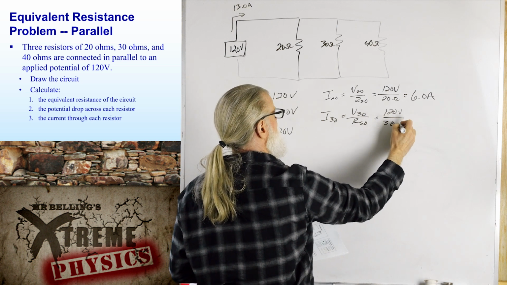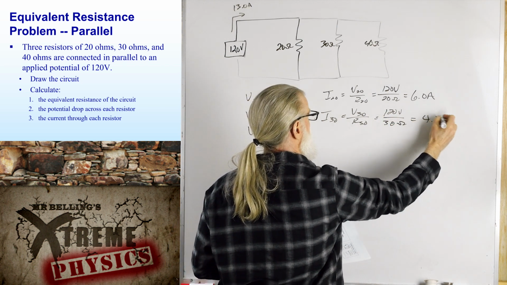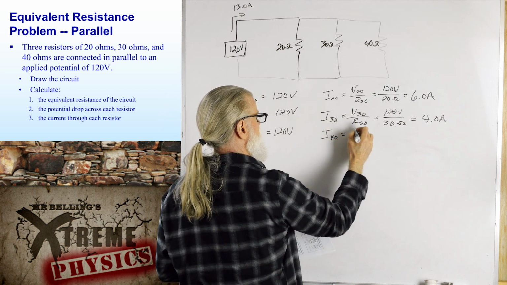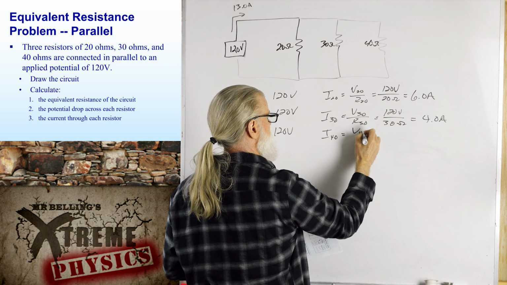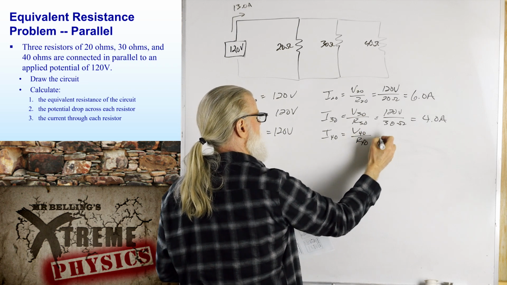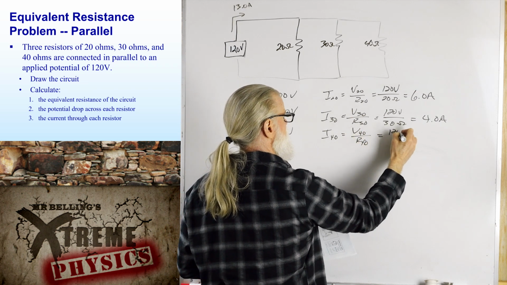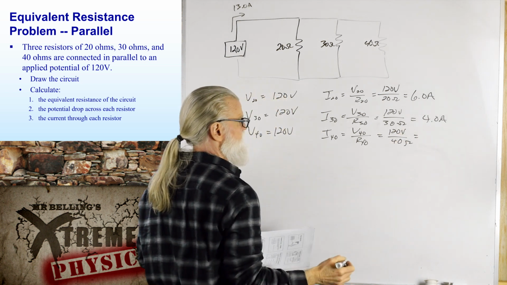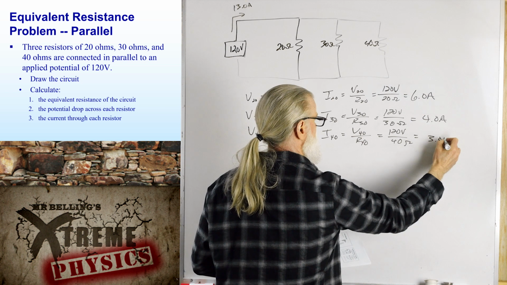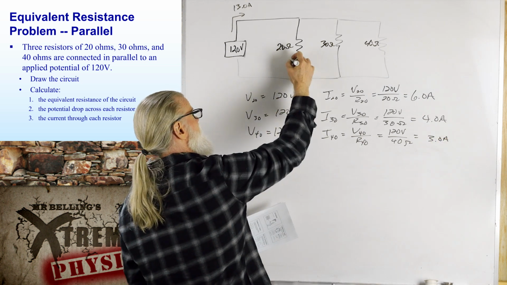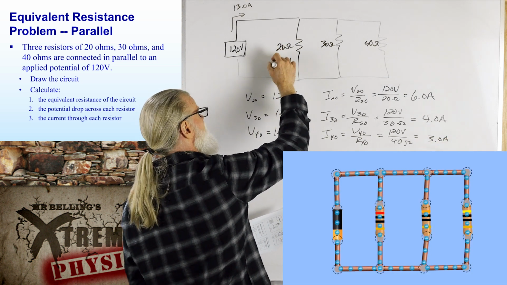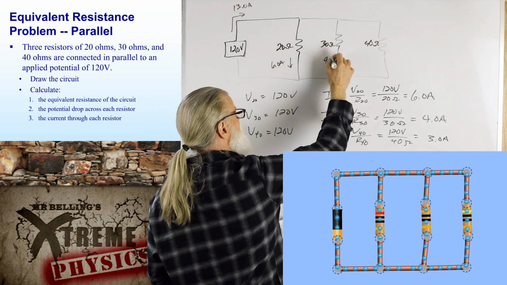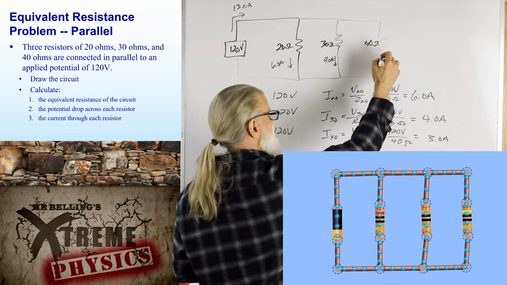That's a 30 ohm resistor, and I guess that's 4 amps. And the current through the 40 ohm resistor is voltage across it divided by resistance, which is 120 volts divided by 40 ohms, which is 3 amps. All right, so it looks like we have 6 amps, and we have 4 amps, and we have 3 amps.